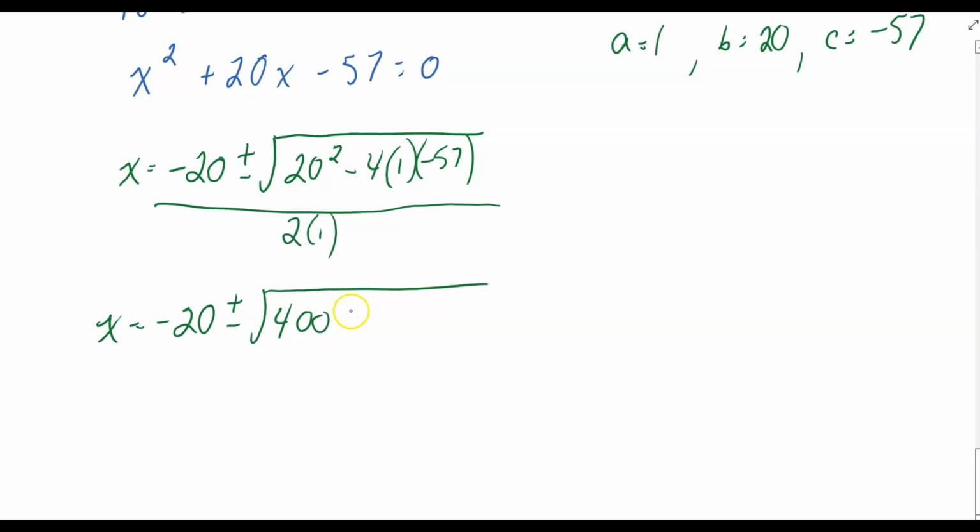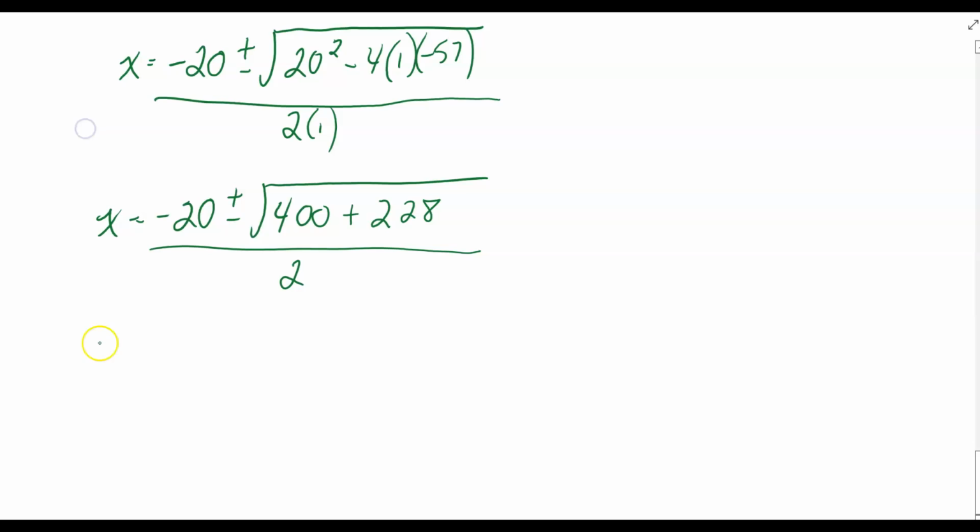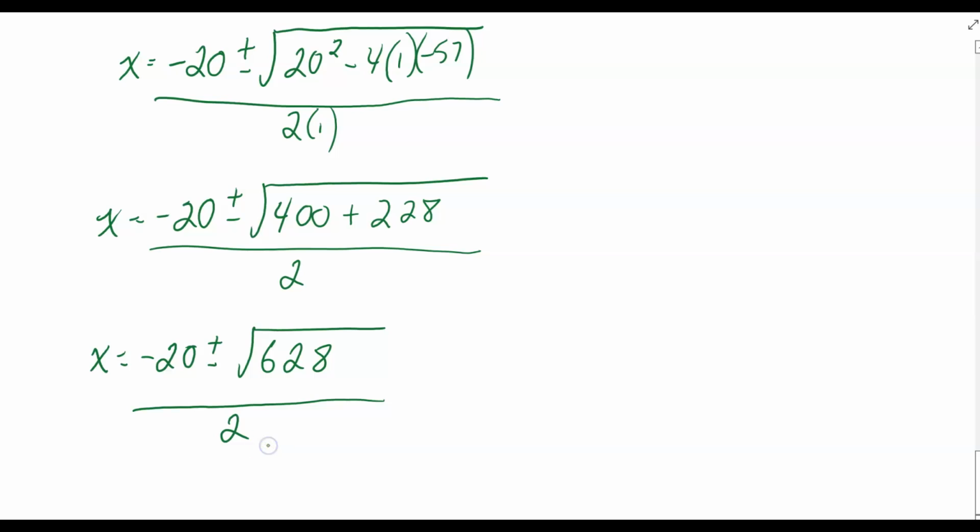I know it's going to be a positive. And 4 times 57, that's 228, all over 2. x equals negative 20 plus or minus the square root of 628 all over 2.